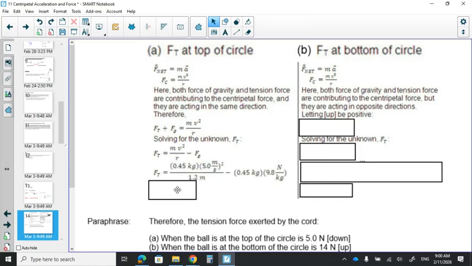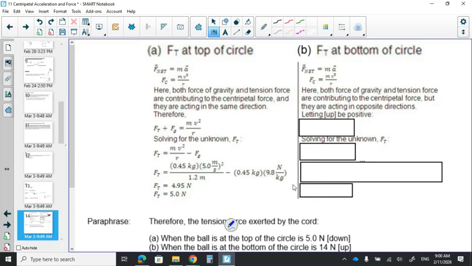Now they have it set up like that, where they've solved for the variables based on variables. I might be tempted, if I was you, to say, okay, my tension that I'm looking for, and then we have the gravity at the top of the circle. Are we defining down as positive?